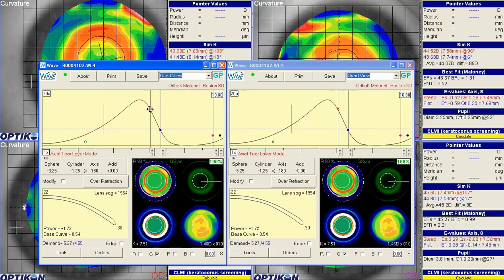So we have our widths at 6.2 and 6.8. What we want to do is in the vertical meridian have a little bit more treatment, so higher power or topo demand.